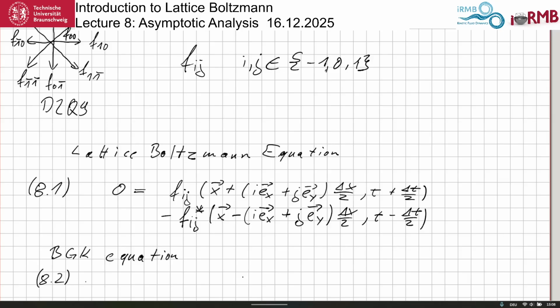So we'll call the BGK equation 8.2, and here we have the post-collision state. Now this is at x and t, so this is at the position where the collision takes place. And here I write the difference between the post-collision and the pre-collision state.